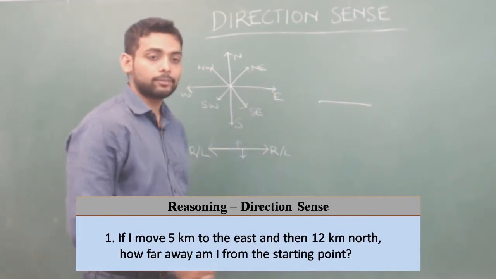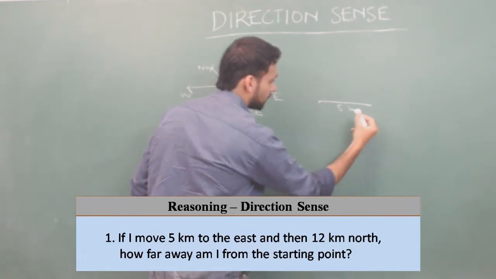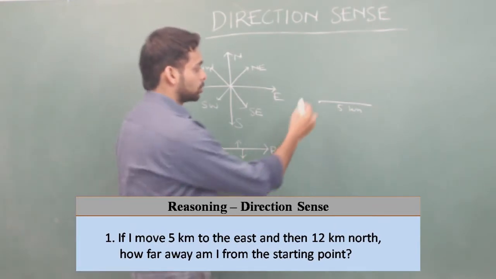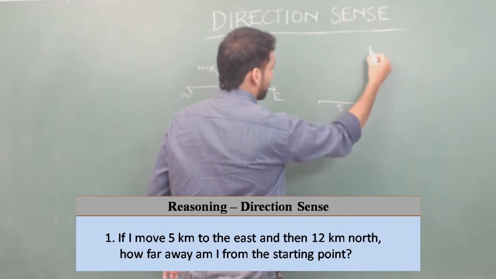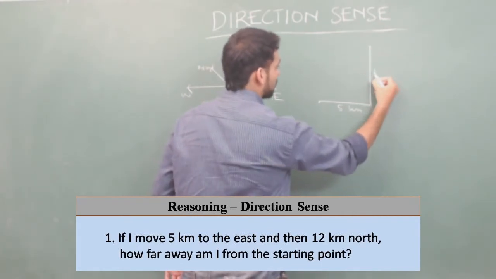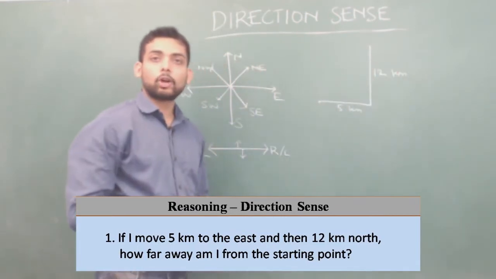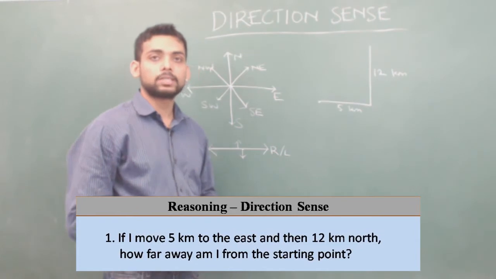So I move 5 kilometers that side. Okay, 5 kilometers. And then 12 kilometers north. So move 5 kilometers to the east and then 12 kilometers to the north. How far away am I from the starting point?